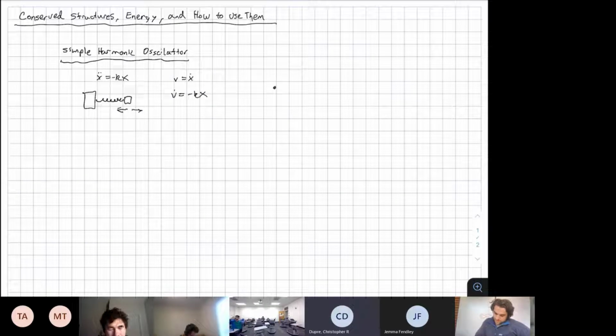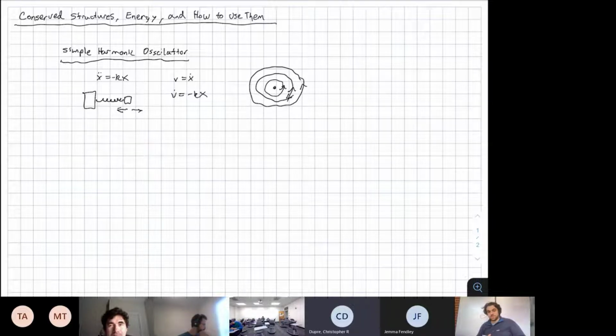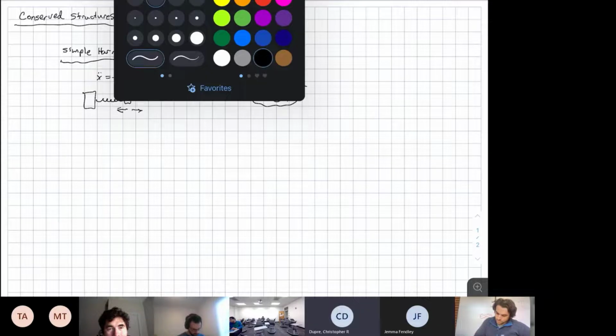And if we imagine this as a dynamical system in terms of these two variables, the trajectories in this space with x and v just form these perfect concentric circles or ellipses. Okay, so this is just a nice simple flow in this two-dimensional space where we extend to include this auxiliary variable v.